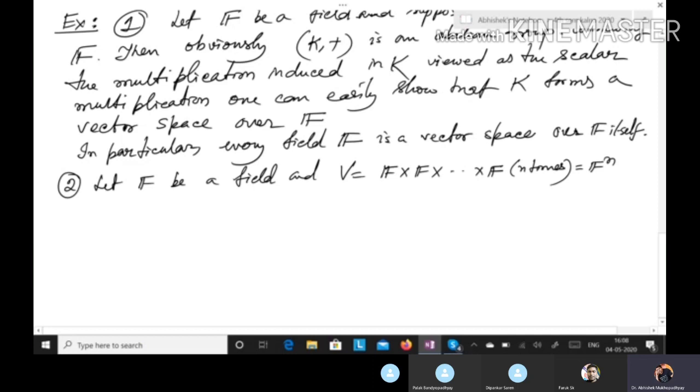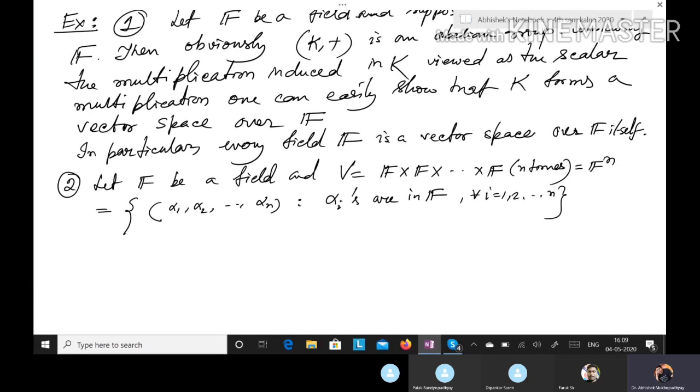Since it is a Cartesian product, it consists of all n tuples, that is, the set of all n tuples which can be written as alpha 1, alpha 2, alpha n, where each alpha i is in F for all i equal to 1 to n. So this is the set of all n tuples of elements taken from the field F. Okay. And n is a natural number.